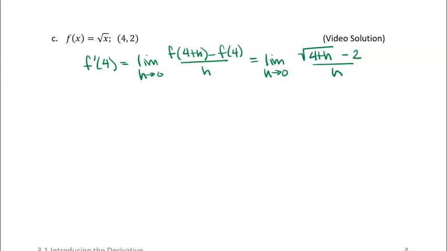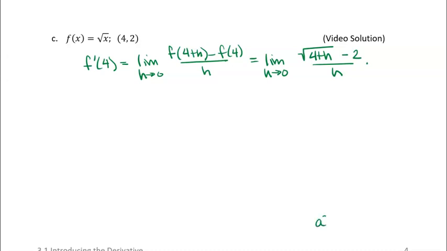All right. Now, we need to figure out what to do with this, right? We have to simplify it in order to take the limit. So what am I going to do here? If you recall, when we did some of these algebraic limits, we did some examples where we had a square root like this, and we multiplied by the conjugate, all right? And we are using the fact that the difference of two squares, let me write it down here.